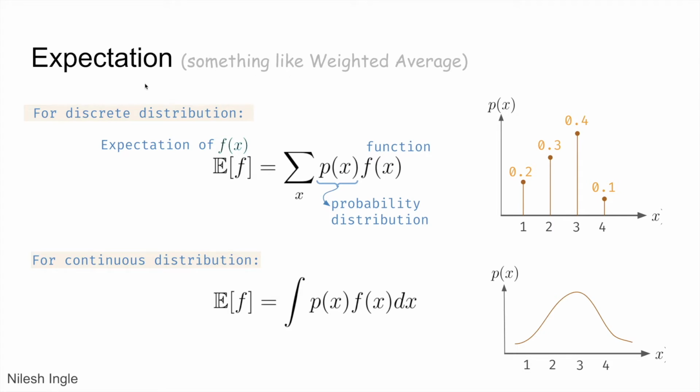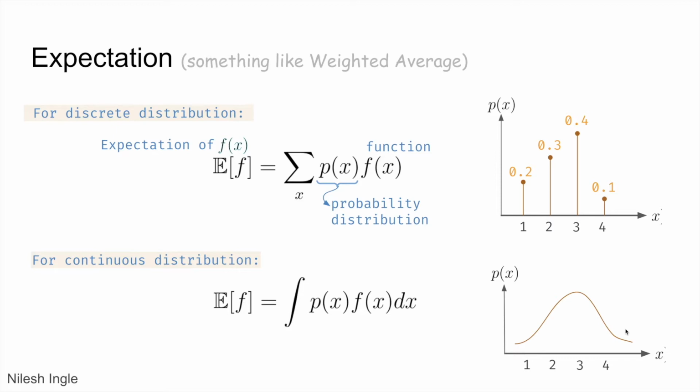So for discrete and continuous distributions, here we have a discrete distribution. This could be the count of the number of apples on a tree, and we have 1, 2, 3, 4. And in the bottom we have a continuous distribution.